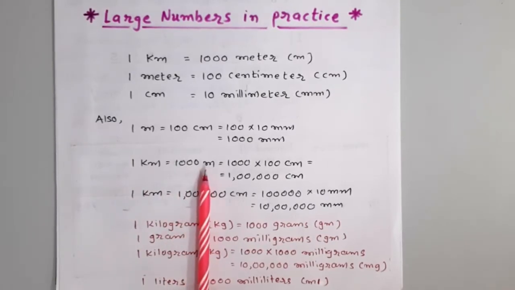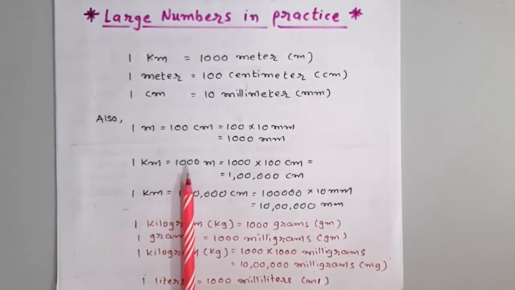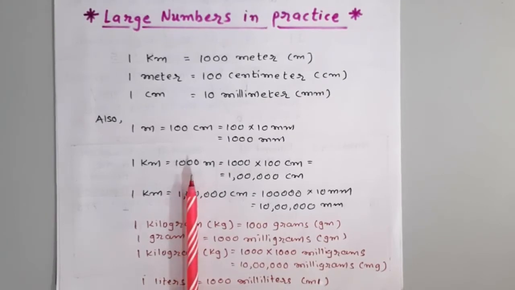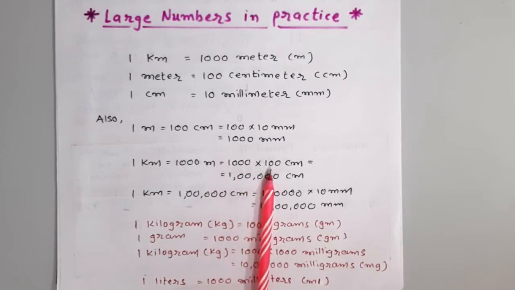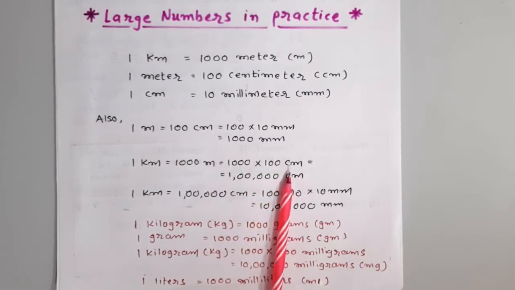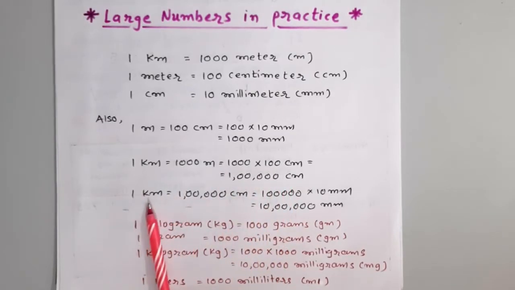Now let's convert kilometer into centimeter and millimeter. So now we have to multiply like this, 1000 into 100 centimeters, so that is 1 lakh centimeters. Now the equation becomes 1 kilometer is equal to 1 lakh centimeters.